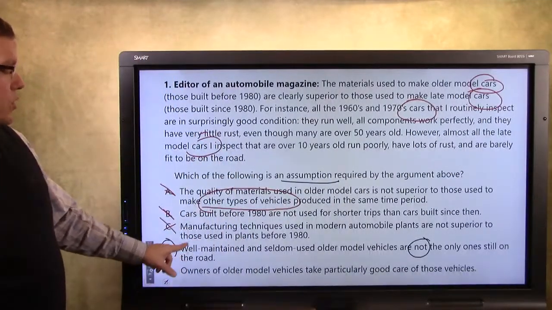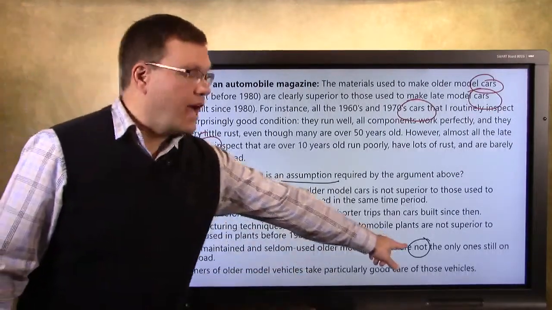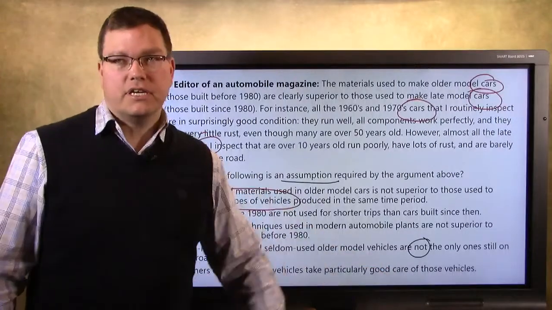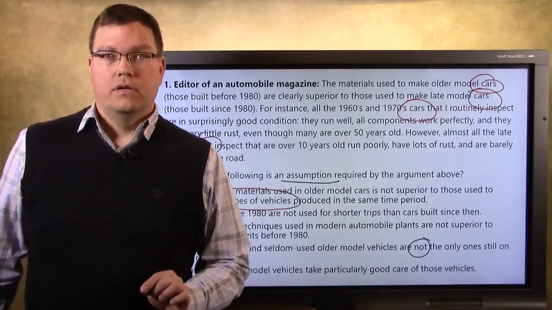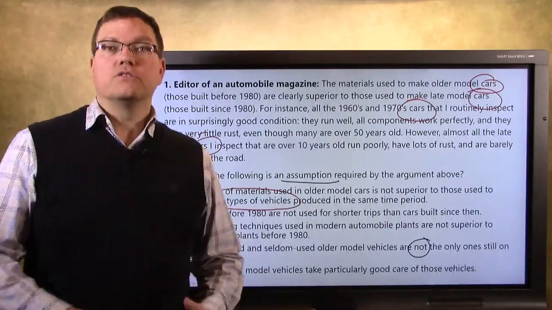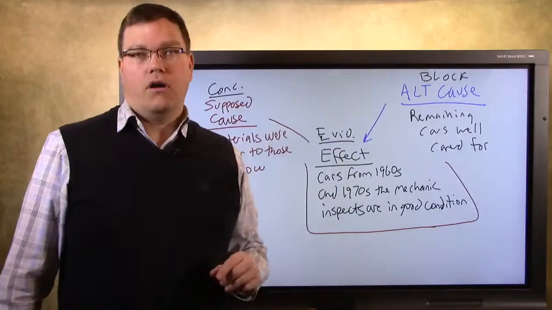Answer choice E or D were the two answers we were down to. Answer choice E, owners of older model cars take particularly good care, is the perfect weaken answer. To weaken this question, we would say that owners of older model vehicles do take particularly good care, because that would be our alternate cause.